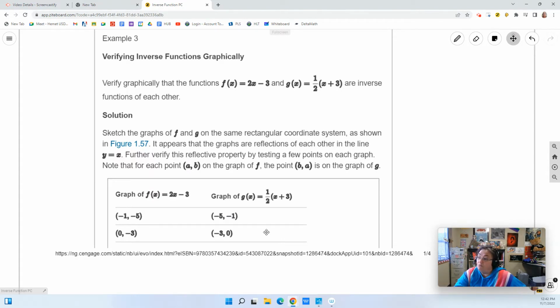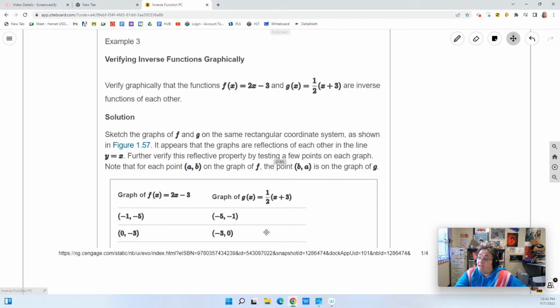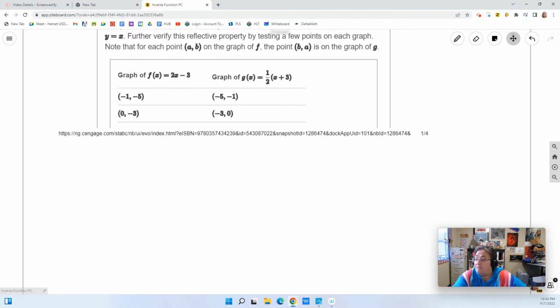That's all you really have to pay attention to. I haven't given you any problems that take it deeper than that in terms of the graph stuff, which is why I'm not spending too much time on it. It's more conceptually something I want you to know, that they are just inverses of each other.